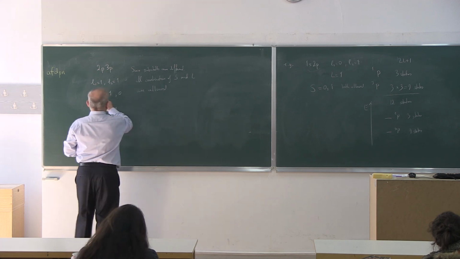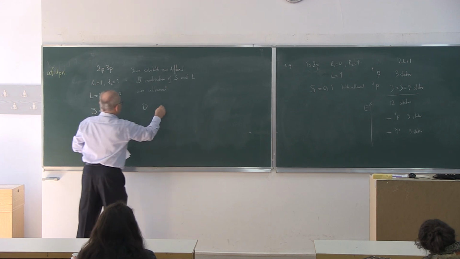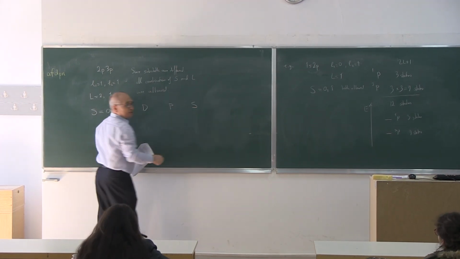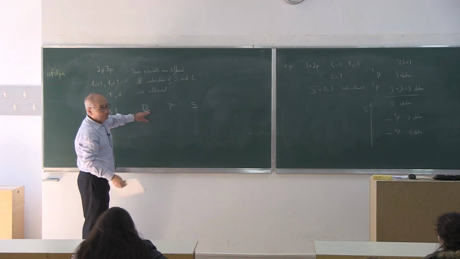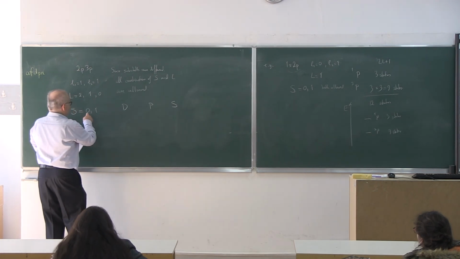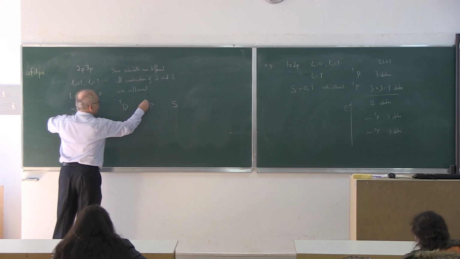In other words, from L, we have D, P, and S. This is the L part of the term symbol. Now we attach the multiplicity. We may take 0, which means multiplicity is 1.